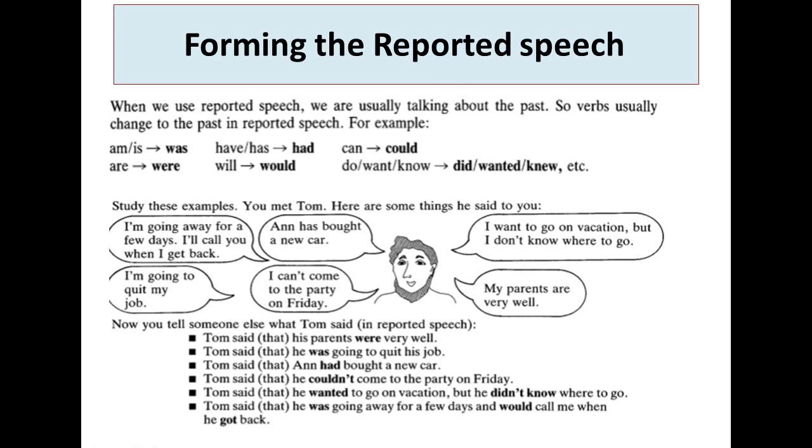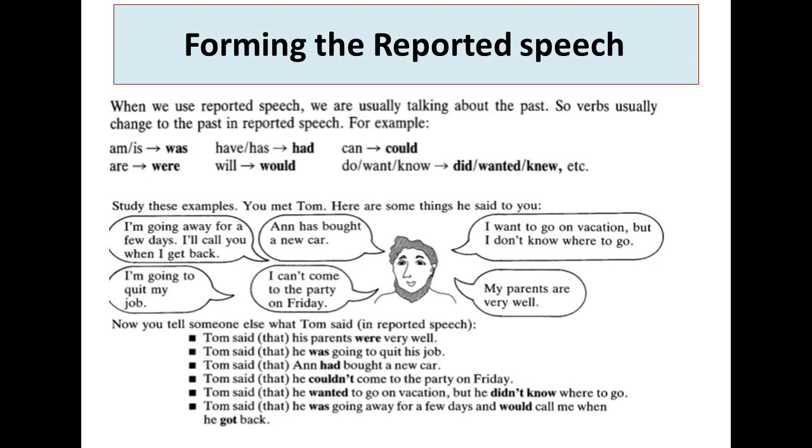Okay, fine. So now let's study these examples, and I'll see if you can report what this person said or not. You met Tom. Here are some things he said to you. For example, you were outside and you met your friend, whose name is Tom, and he tells you something.